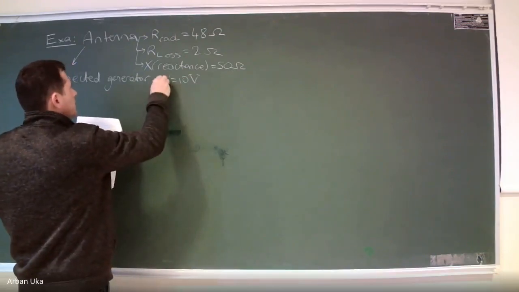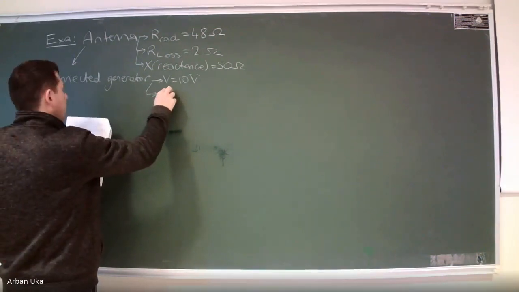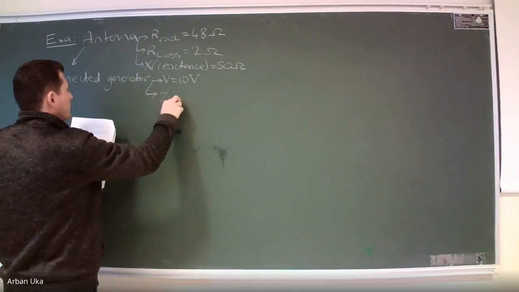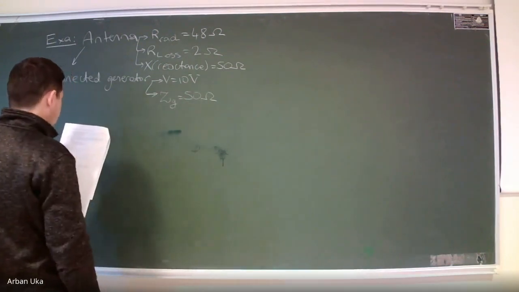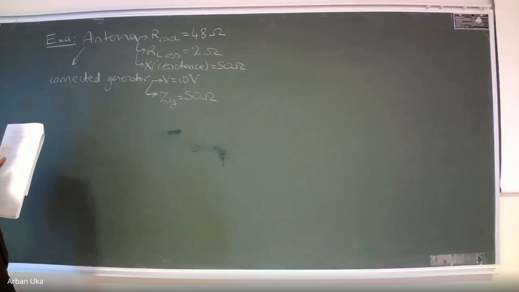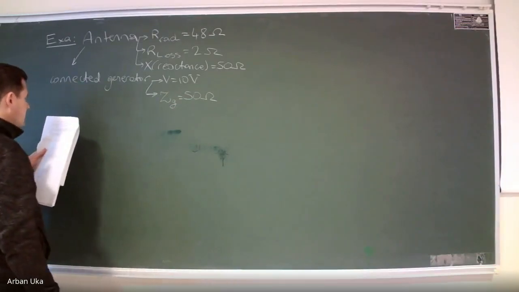impedance of the generator, so it has this voltage, it has also this impedance of the generator. This is equal to 50 ohm, and we are using also a transmission line.